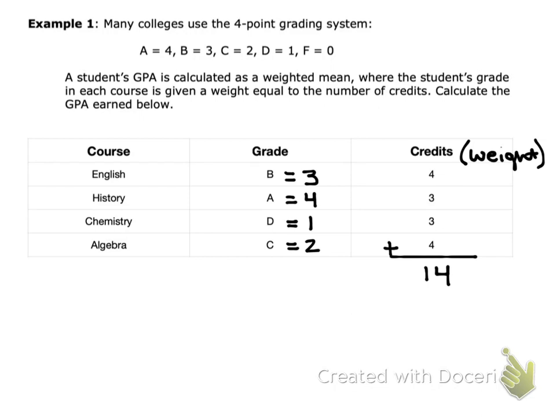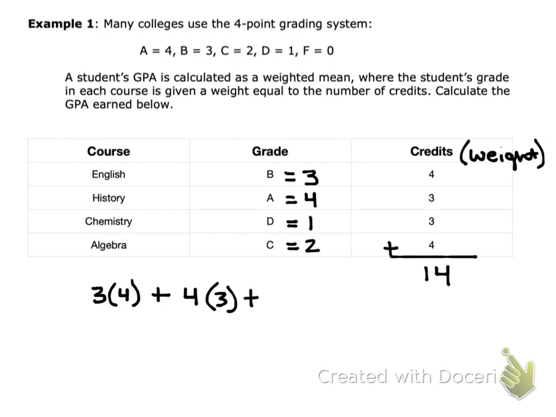All right, so our formula for weighted means says I'm going to take my point value, so my first one is 3, and I'm going to multiply it by its weight, which is 4. I'm going to add that to the next point value, which is 4, multiplied by its weight, which is 3.